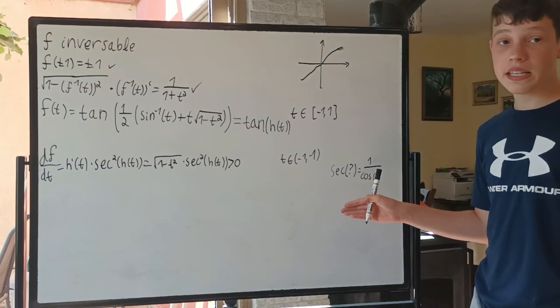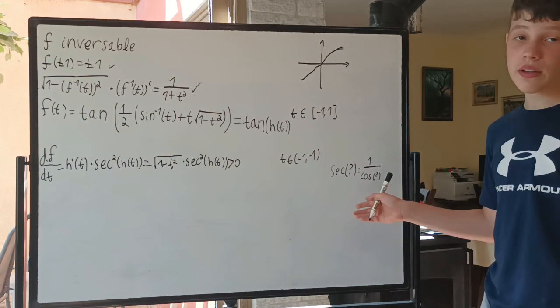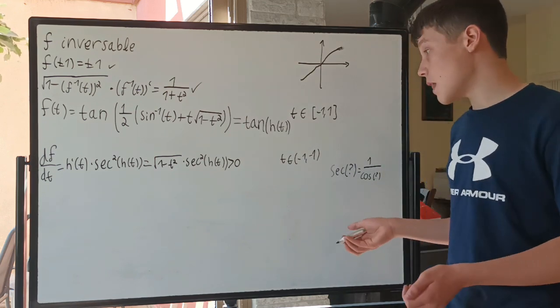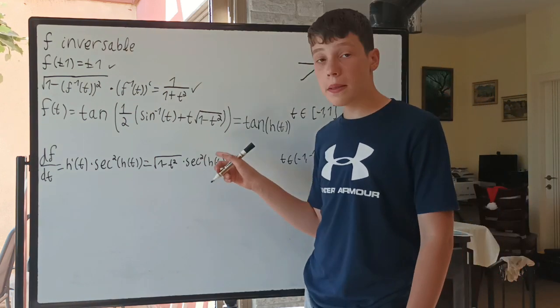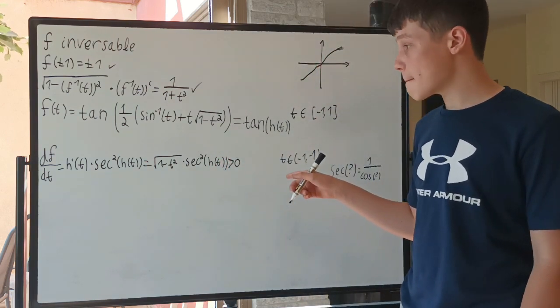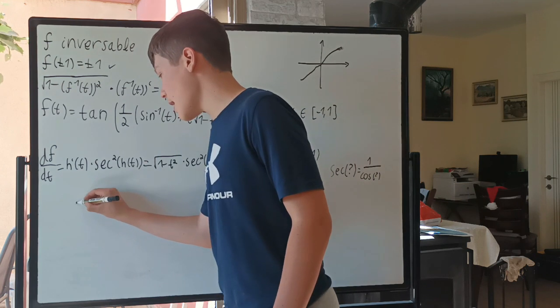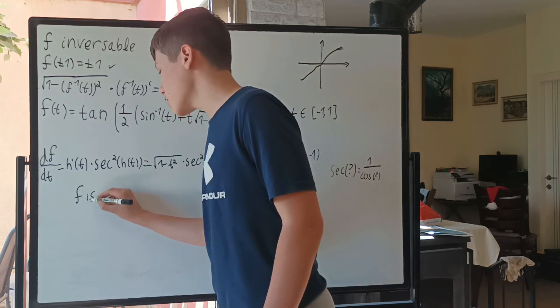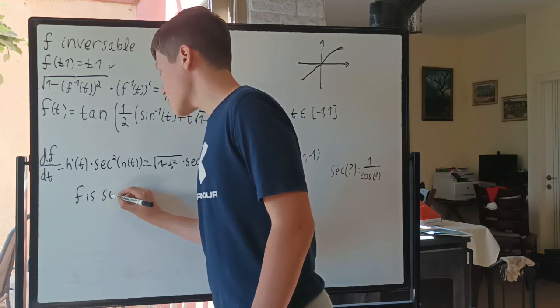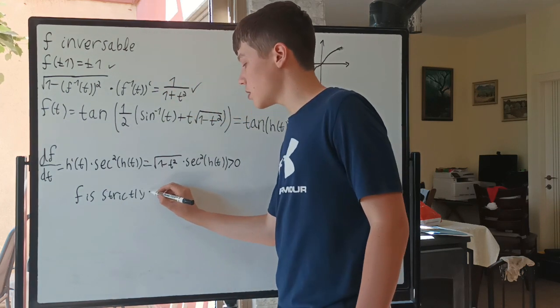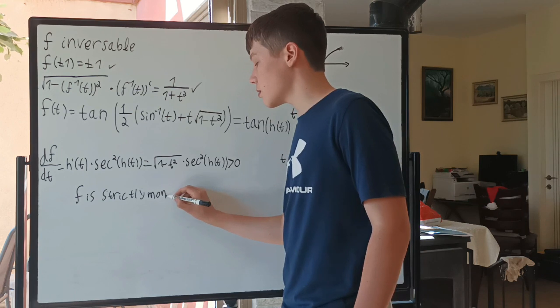So if the secant is 0, the cosine would have to be infinity or negative infinity, which is obviously impossible. So this is strictly bigger than 0. Meaning that f is strictly monotonic.